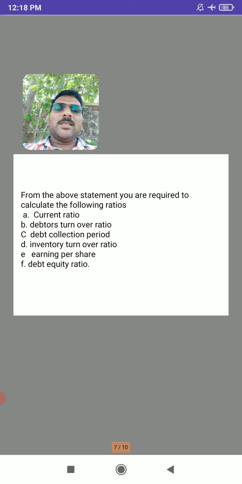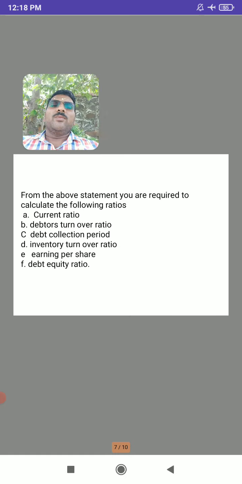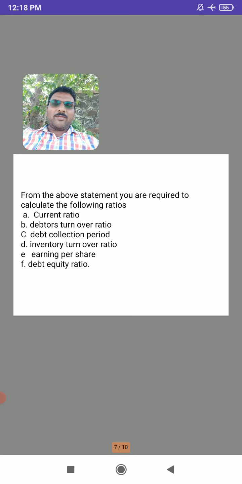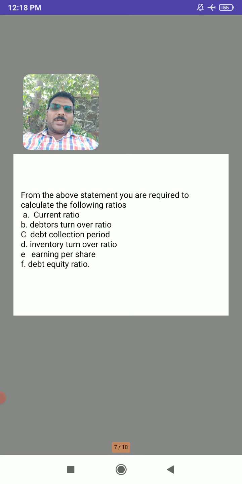This is the information given in the problem, and taking it into consideration, we have to find out the current ratio, debtors turnover ratio, debt collection period, inventory turnover ratio, earning per share and debt equity ratio.